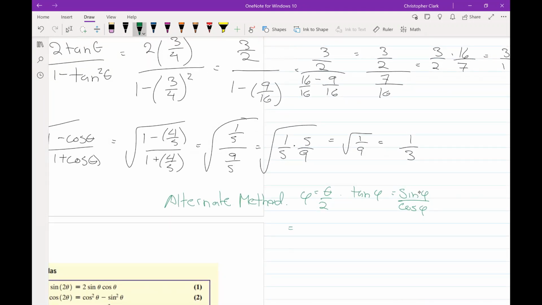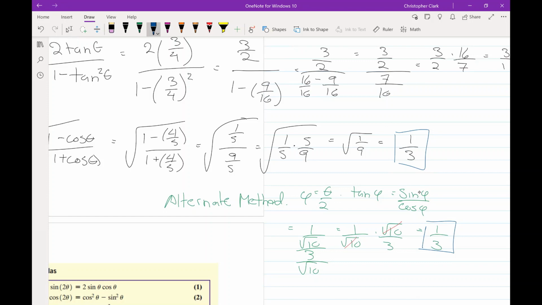So you end up getting 1/√10 over 3/√10, which is equal to 1/√10 times √10 over 3. Root 10's cancel, and you're left with just 1/3, which is what we got using the other method. So either way, we are good.